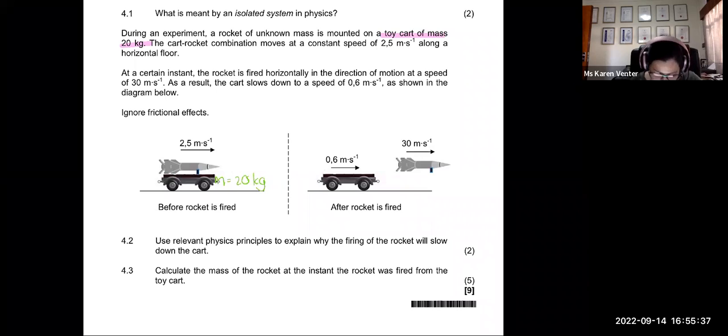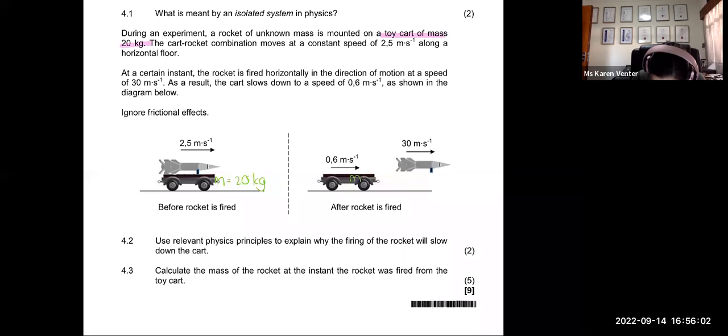At a certain instant, the rocket is fired horizontally in the direction of motion at a speed of 30 meters per second. As a result, the cart slows down to a speed of 0.6 meters per second, as shown in the diagram below. Now remember, initially, this was one system, the rocket and the toy cart, and they were both moving at a speed of 2.5 meters per second. Afterwards, the rocket was moving at 30 meters per second, and the cart was moving at 0.6 meters per second.